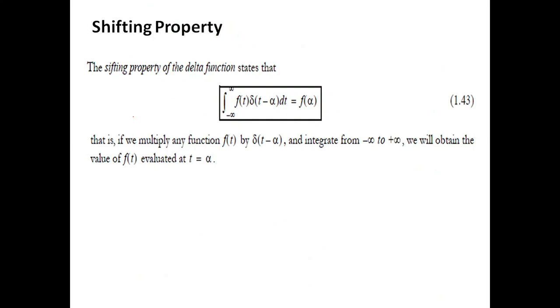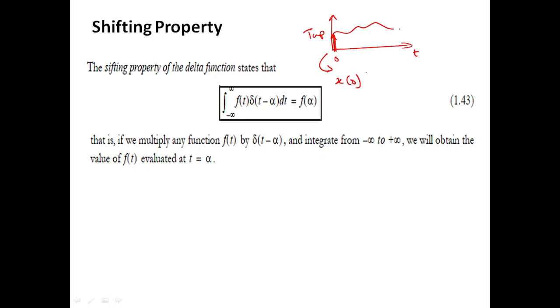Now the shifting property. Again, let us take that temperature versus time graph. At the initial point, we have, say, an impulse function at t equals 0. So the resultant output we will get is x of 0, that means the temperature at 0 time.